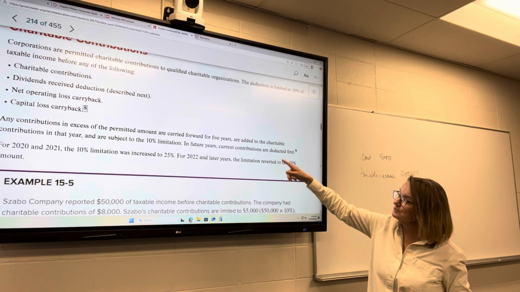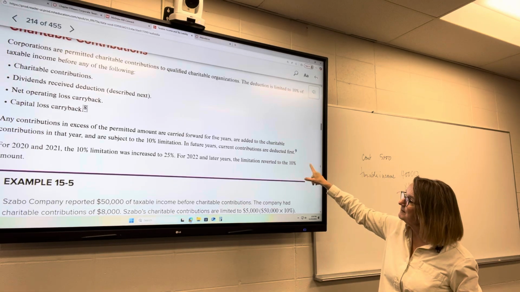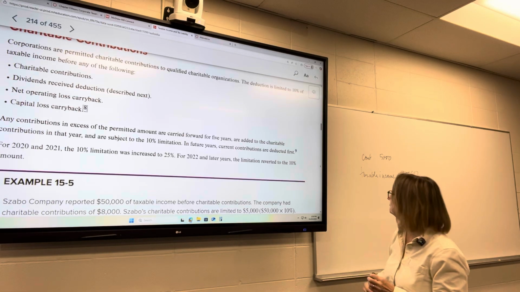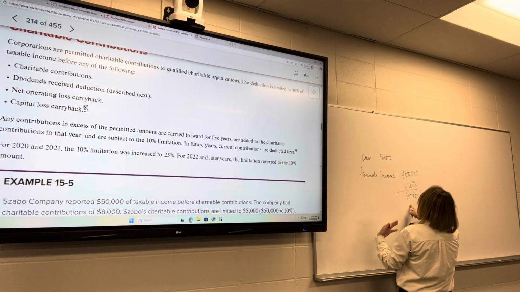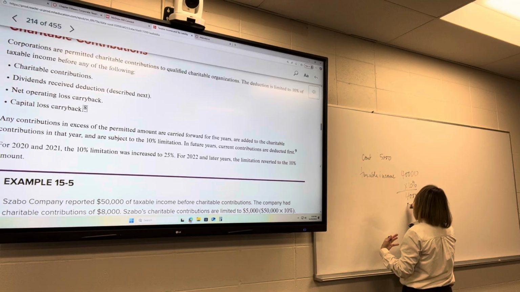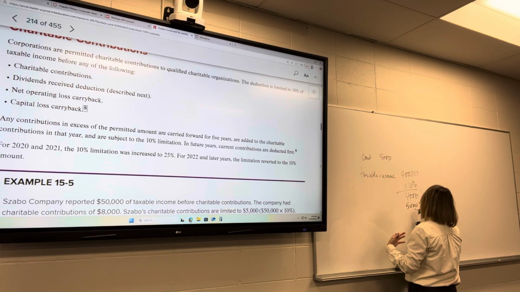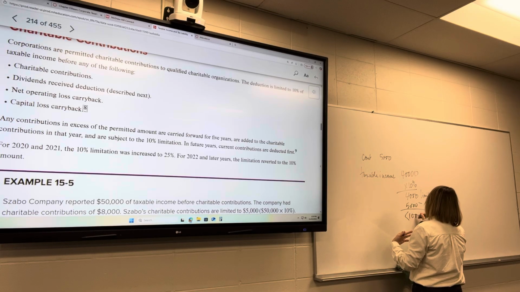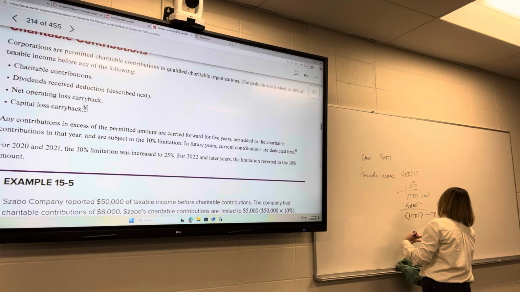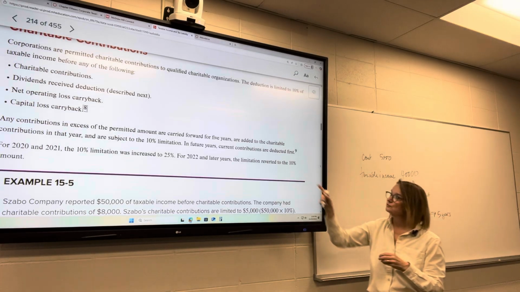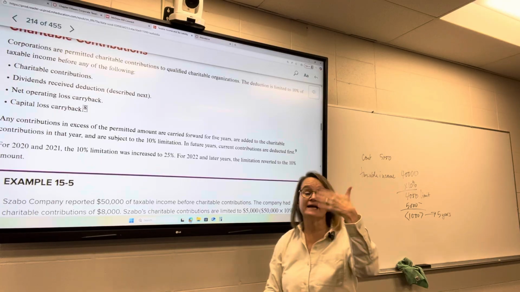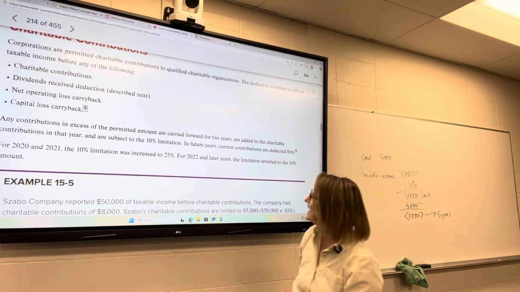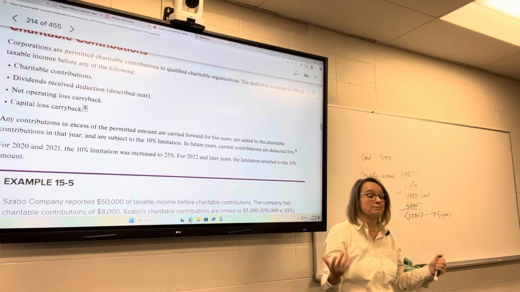Any contributions in excess of the permitted amount are carried forward for 5 years. So here's our $4,000 limit. We had a $5,000 contribution, so we have a $1,000 carry forward. We can go up to 5 years. Forward only. They're added to the charitable contributions in the next year, and that 10% limitation still applies.